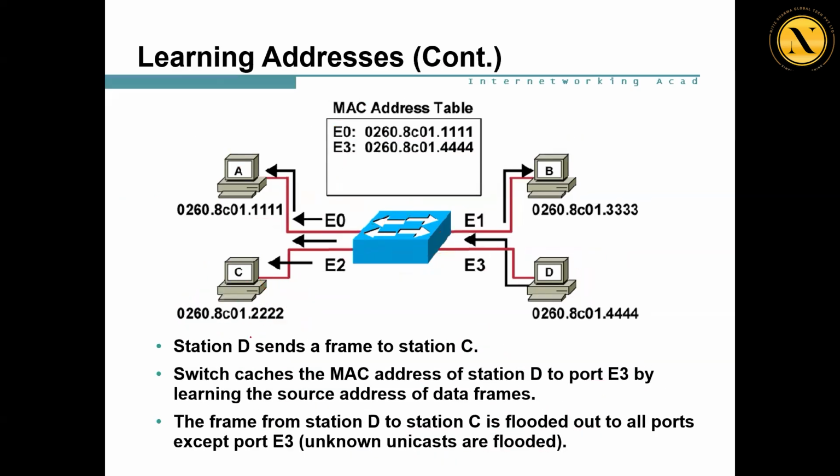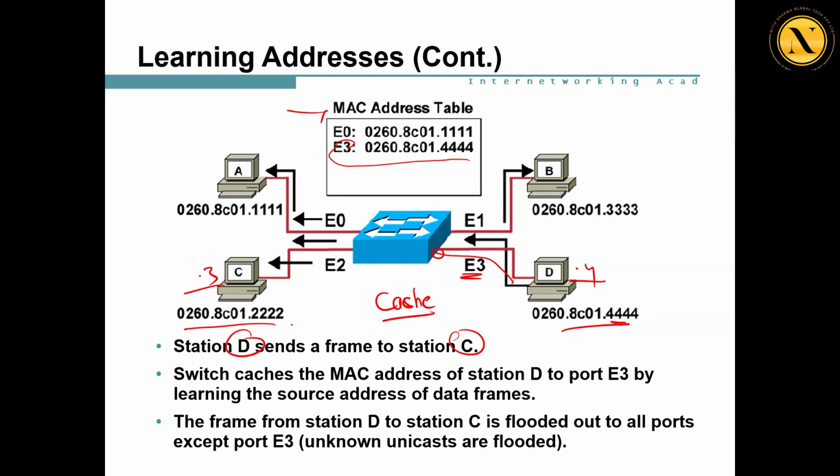Now D sends a frame to C. So 10.1.4 is going to ping 10.1.3. What will happen? Source MAC will be this, destination MAC will be this, source address will be this, destination will be this. It's going to come on this port 3. Incoming frame 4. If the entry was not there, it will automatically make an entry. Cache an entry means it will automatically make an entry in its MAC table, right?